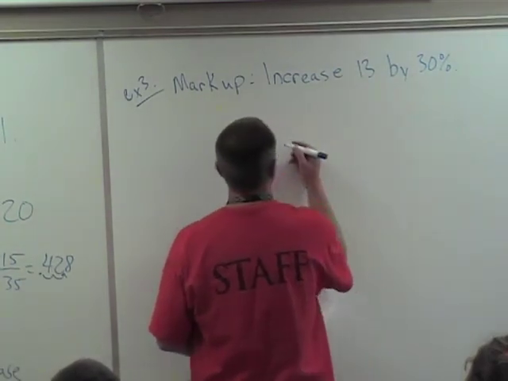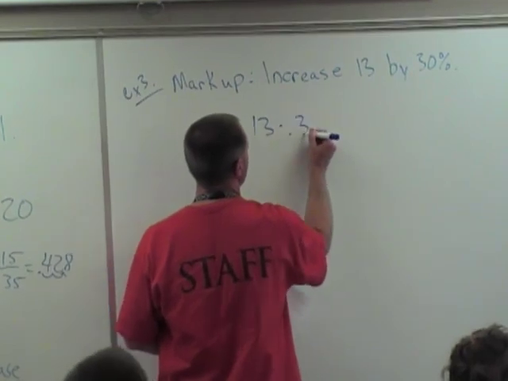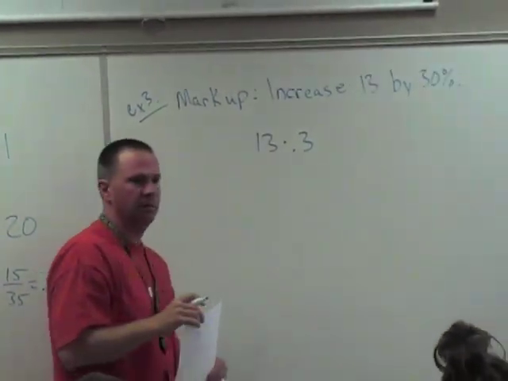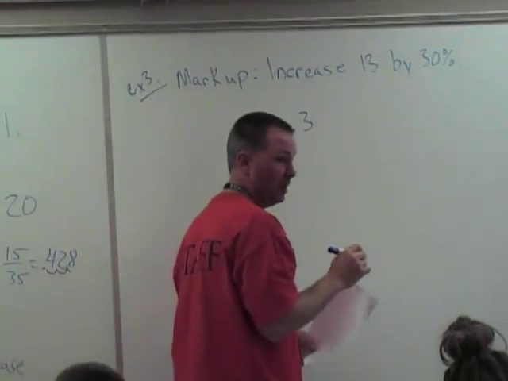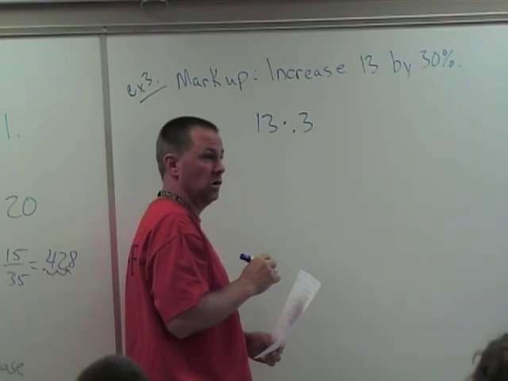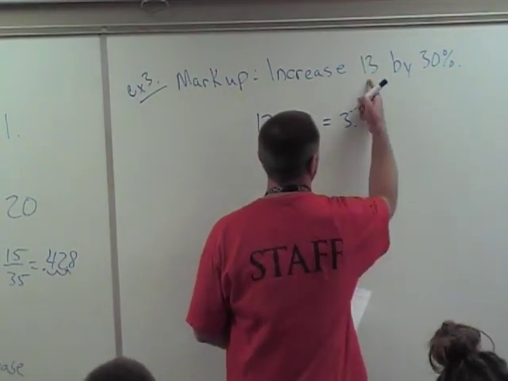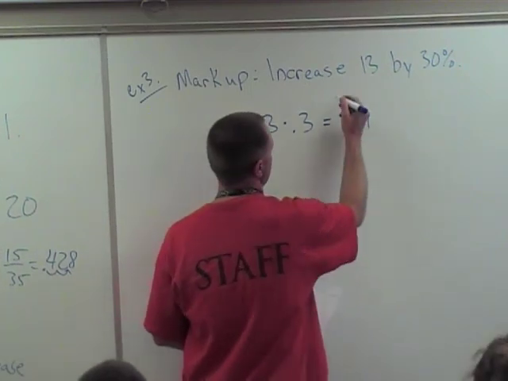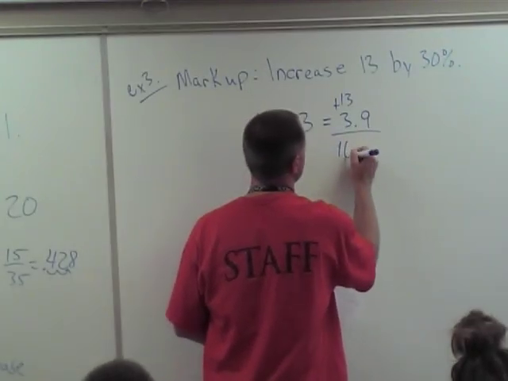30% of the 13, that means multiplication. So 13 times 3, what do we get? 39? Oh, sorry. That was 3.9. How about 3.9? Okay, so then he said to add it to the 13. Okay, so it's 16.9.